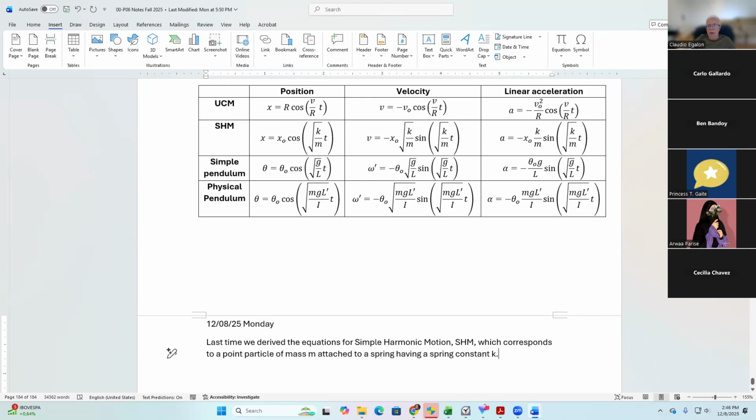Okay, and then what else did we do? We used the results for UCM, uniform circular motion, to obtain the equations for simple harmonic motion.